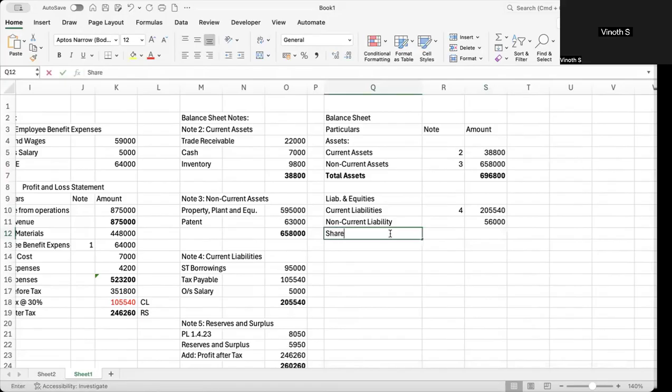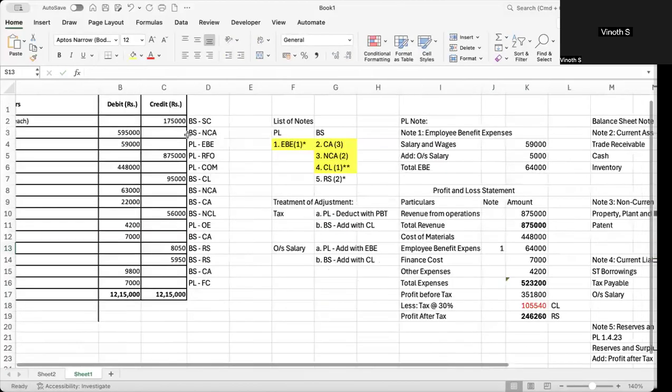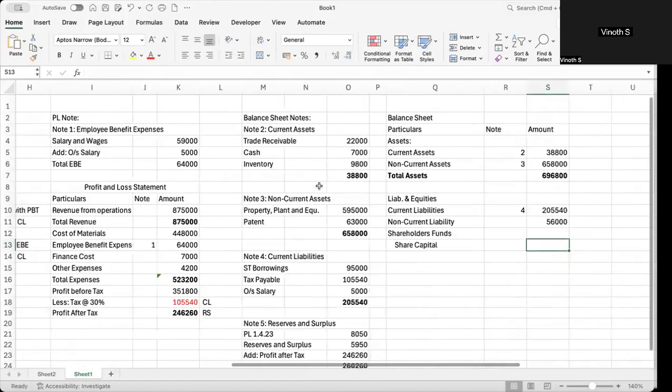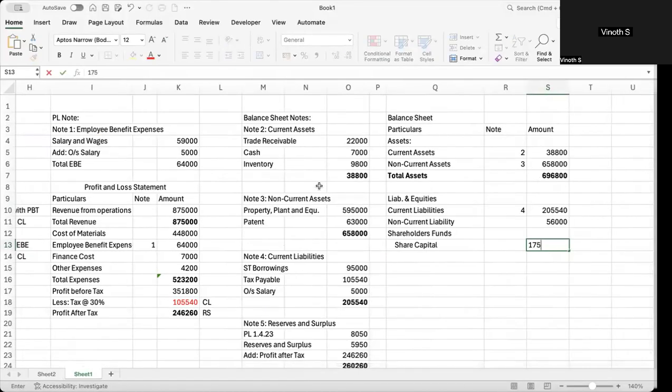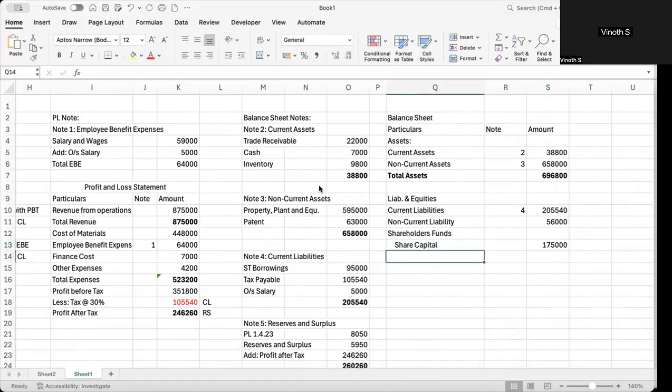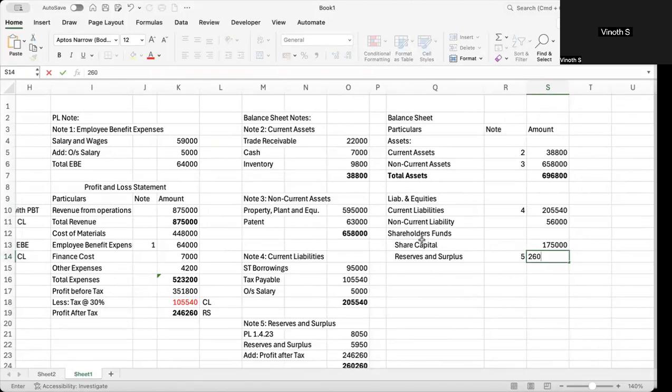The third header, shareholders' funds. Under this, two items we need to enter. One is share capital. I think it's the first item in the question, 1,75,000. Second is reserves and surplus. This we prepared as note number 5. The value is 2,60,260.